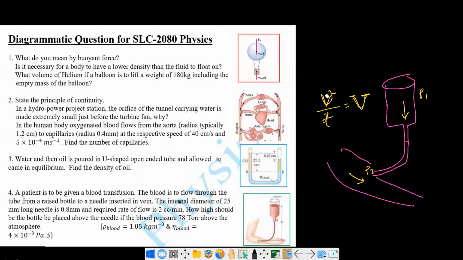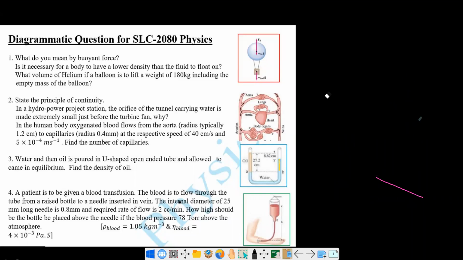Let me do this mathematical treatment. From Poiseuille's law, the amount of fluid flowing per unit time is going to be pi r to the power 4 (P2 minus P1) whole divided by 8 eta L. We can simply utilize this.